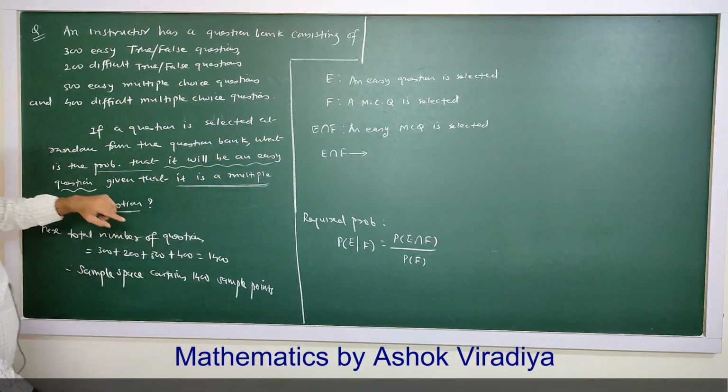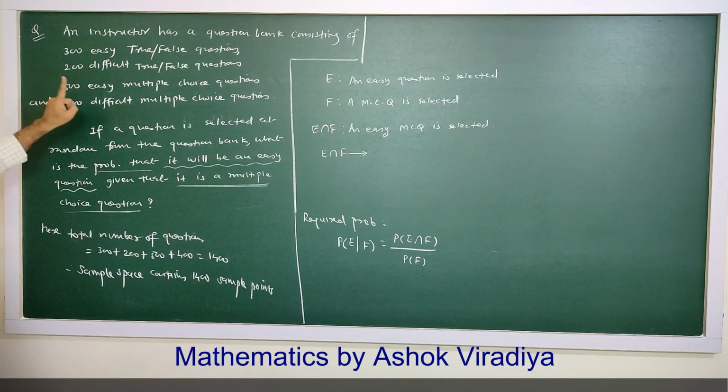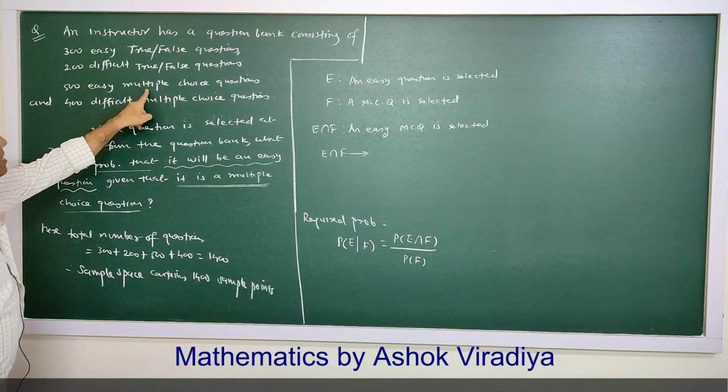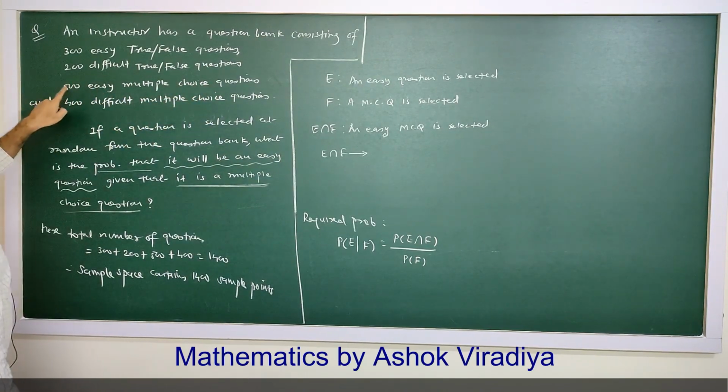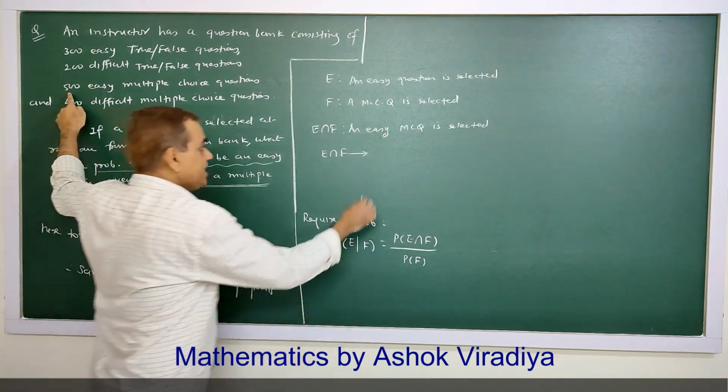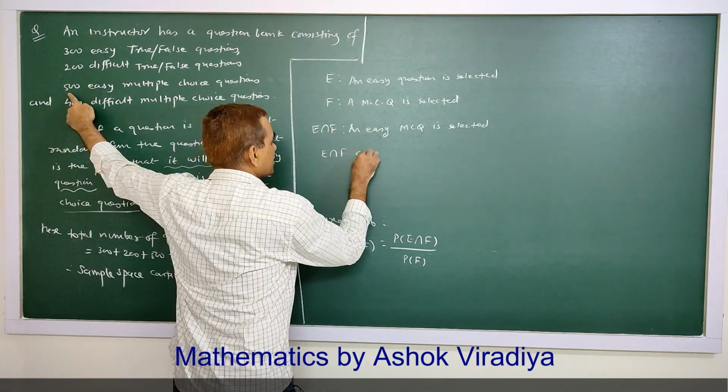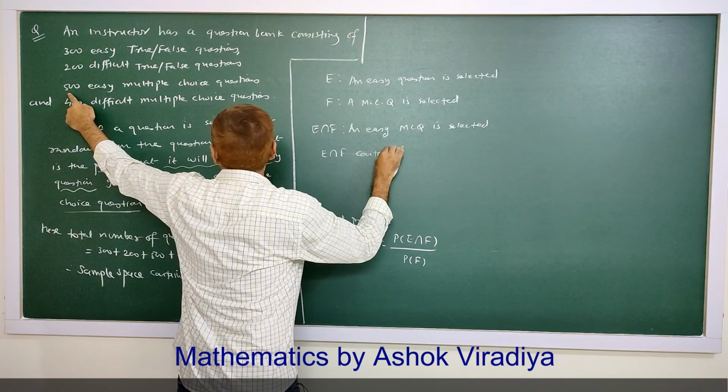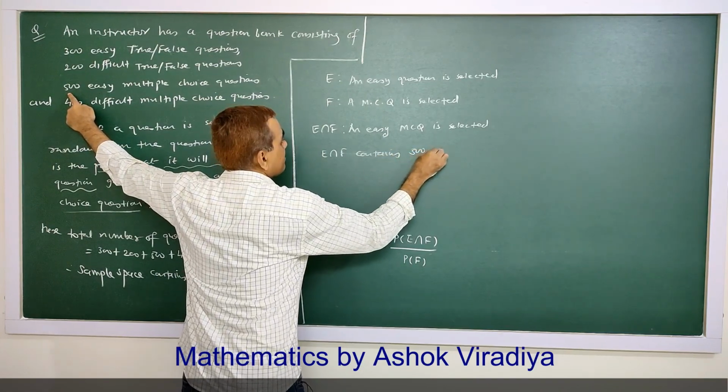Easy MCQ. How many are easy MCQ? Easy multiple choice question, that is 500. So E intersection F contains 500 elements.